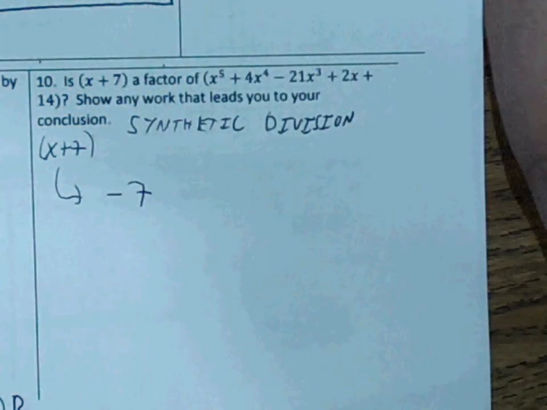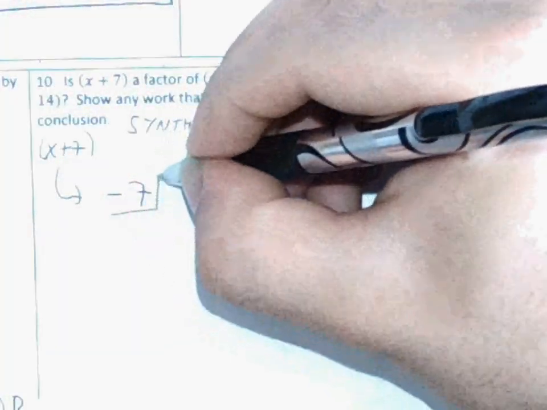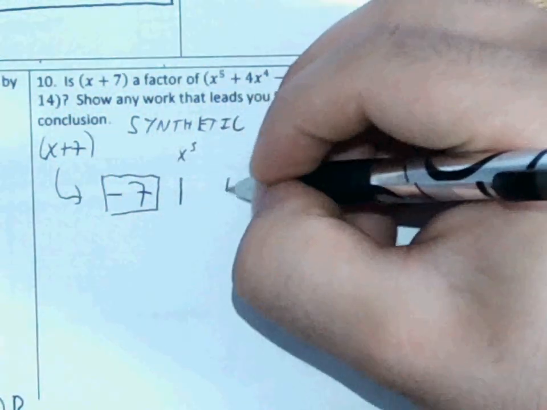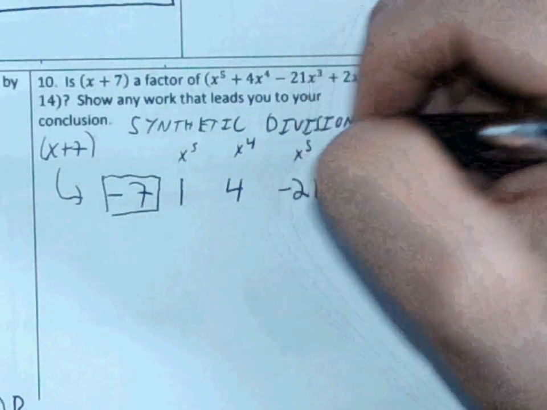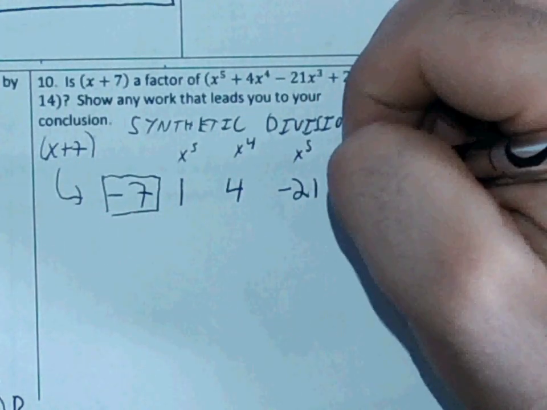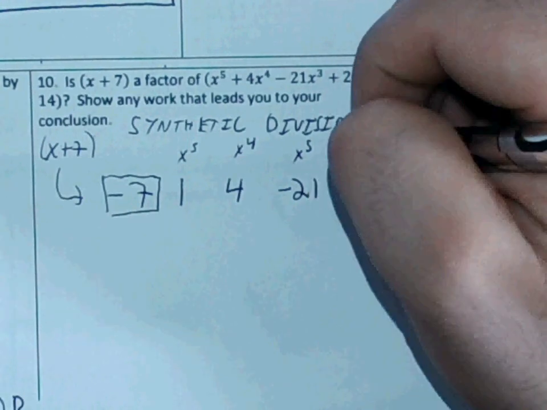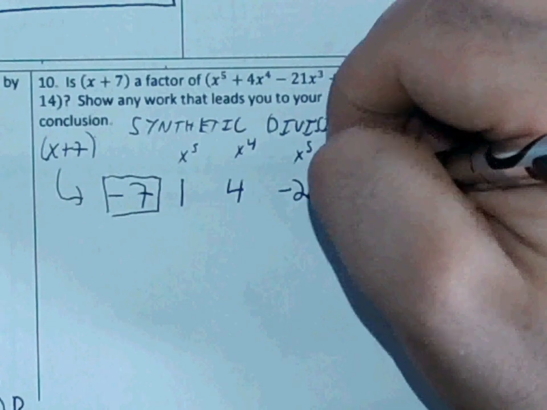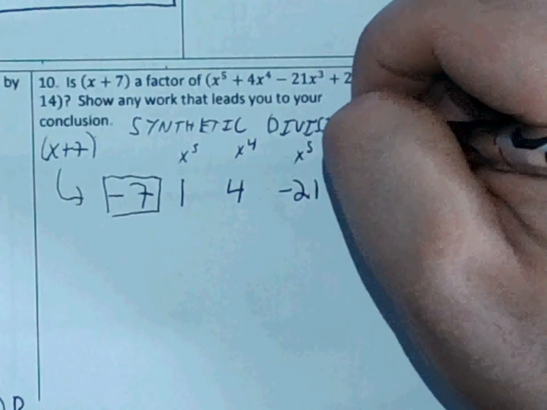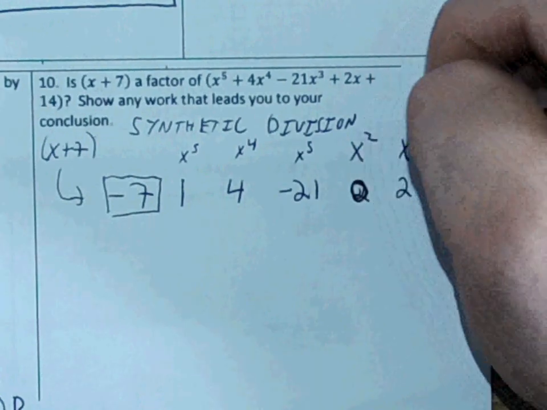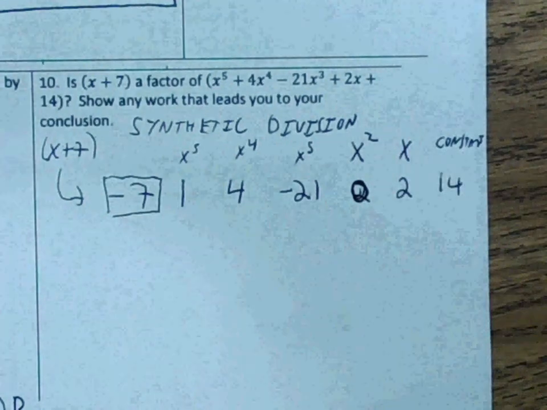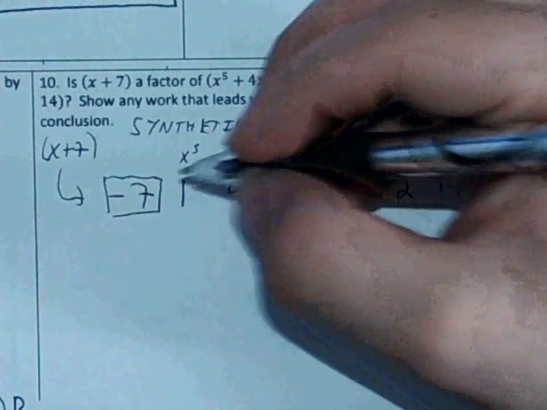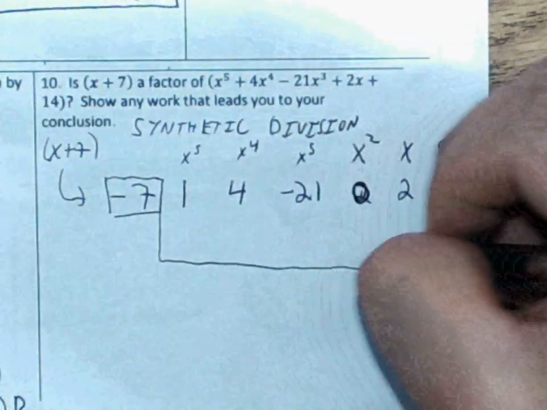The coefficients here are 1 for our x to the 5th term, 4 for our x to the 4th term, negative 21 for our x cubed term, 2x, so that'll be 2, and 0 for the x squared term because there's no x squared term, 2 for our x term, and 14 for our constant.